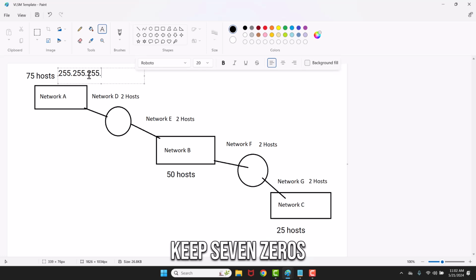We need to keep 7 zeros, which means we're turning on 1 one here, which is a 128. And if we do the CIDR notation for that, that is 8 ones in the first octet plus 8 ones in the second octet and 8 ones in the third octet, that adds up to 24, and one more 1 in the fourth octet, which is a /25.